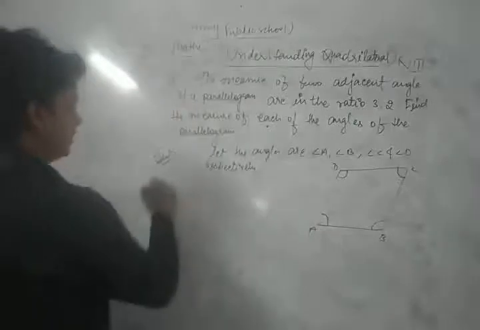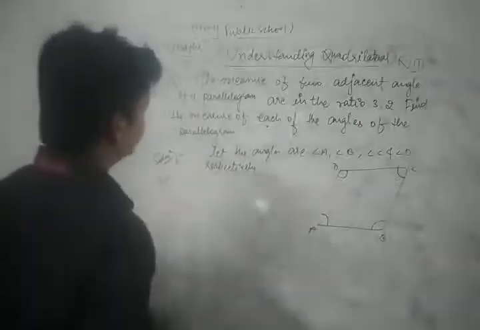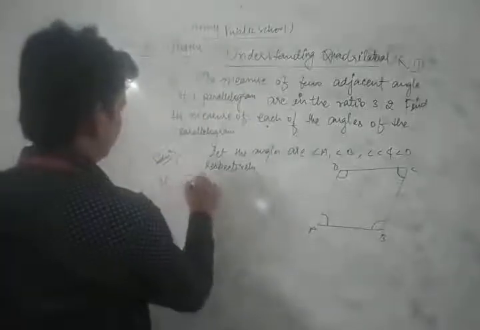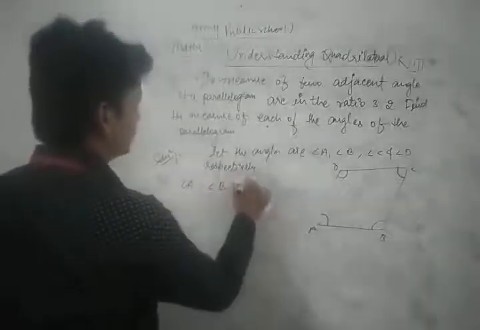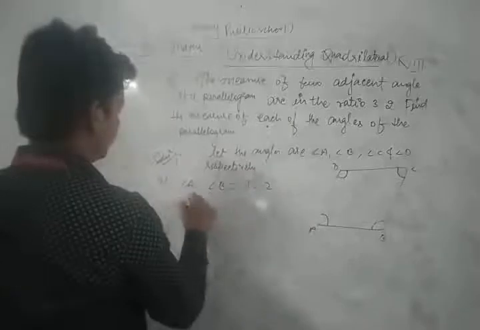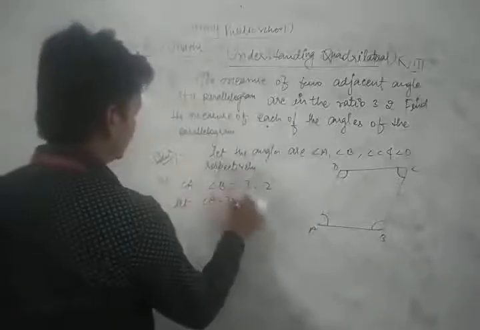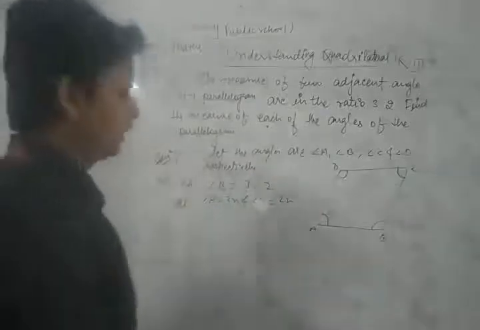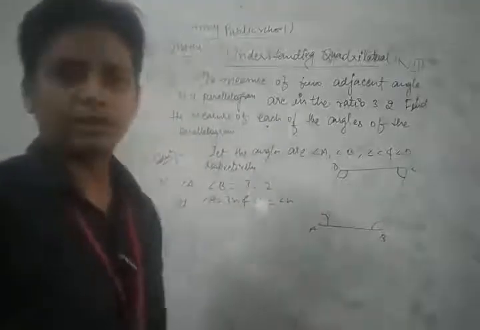Let two adjacent angles of a parallelogram be in the ratio, let angle A is to angle B equal to 3:2. So let angle A be 3x and angle B be 2x respectively. Now we apply the property of parallelogram.